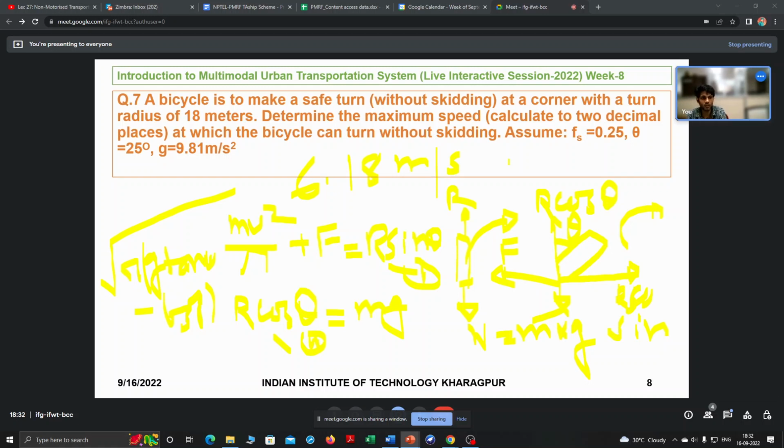Because the answer should be 1. It is a trivial solution, right? So tan 25, right? Tan 25 minus fs is 0.25. Then into g, 9.81. Okay, then into r is 18.